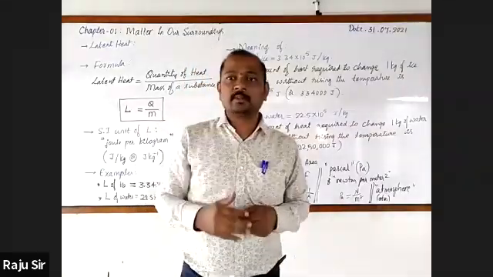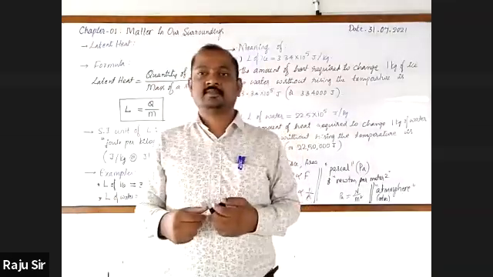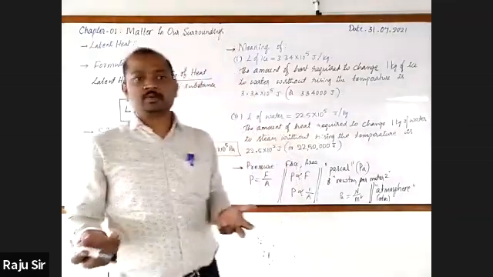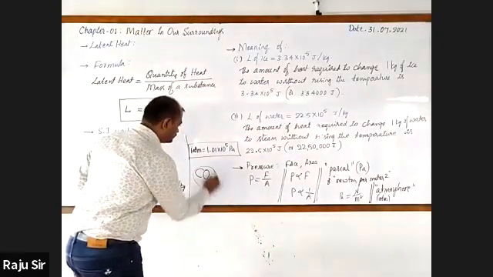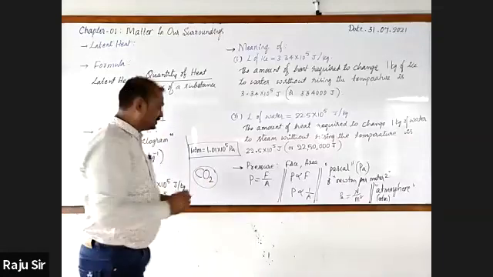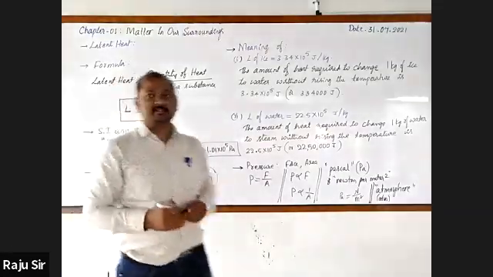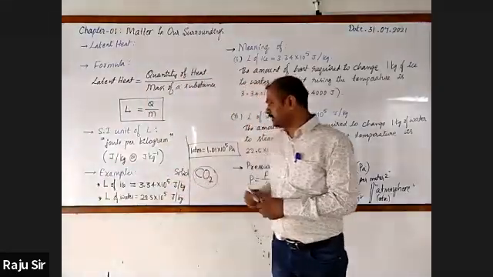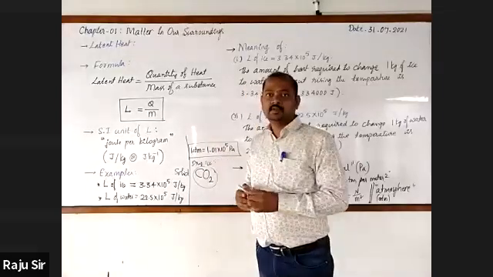Then what is the chemical formula of solid carbon dioxide? CO2. Yes, CO2. Solid carbon dioxide is called dry ice.